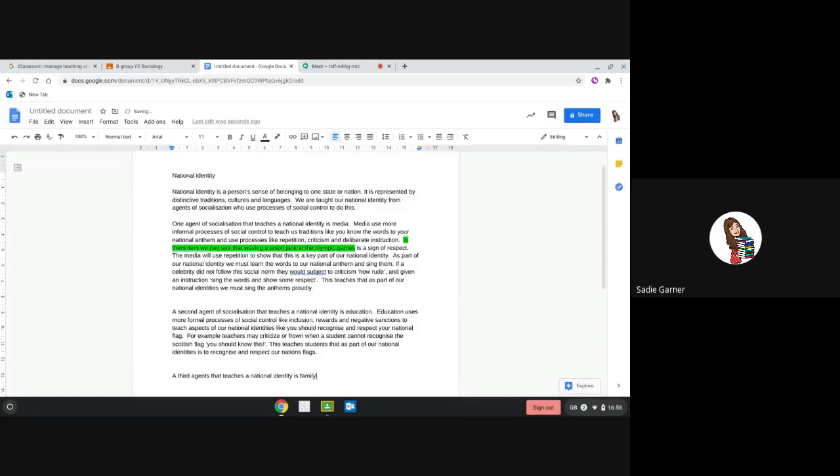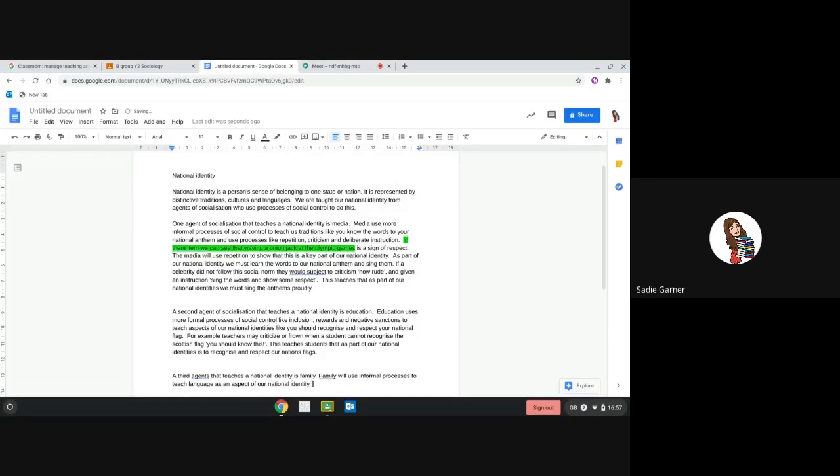And family will use informal processes to teach language as an aspect of our national identity.